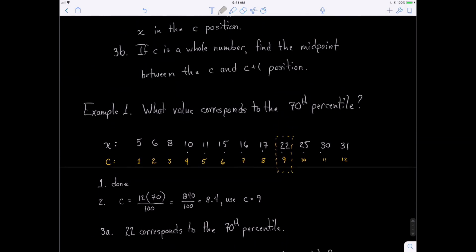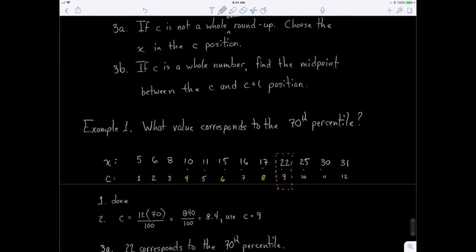Now go back to the directions, and it says if C is not a whole number... well, C is a whole number. So look at 3b. 3b says if C is a whole number, find the midpoint between the C and C plus 1 position. All right, let's try that.